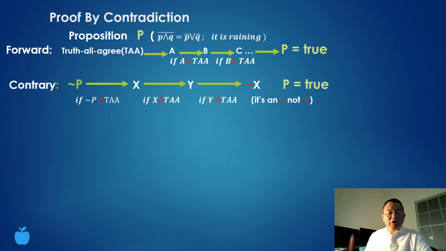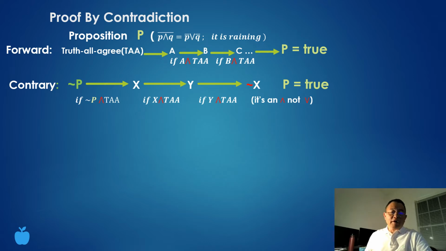In proof by contradiction, however, we assume the contrary is true. For example, here we assume not P is true, and again we must convince everyone that we can derive, step by step, more statements, for example arriving at X. But this time our goal is to look for a contradiction.